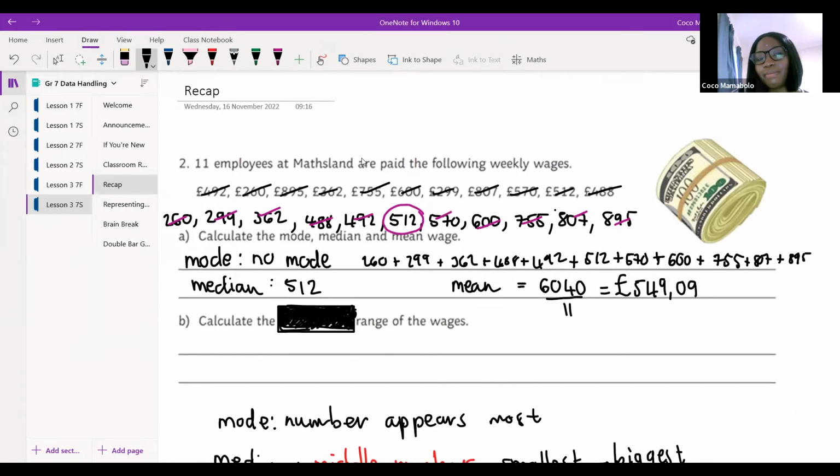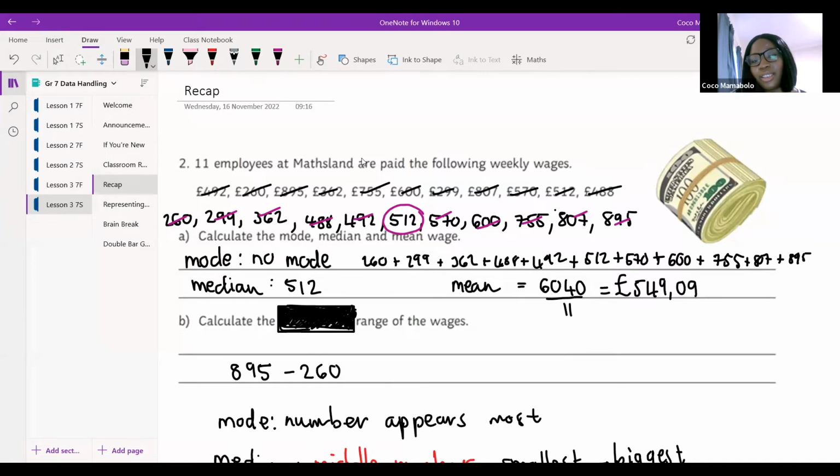So biggest minus the smallest, which is 260 minus 895. I think you're doing it the wrong way around. Oh, 895 minus 260.